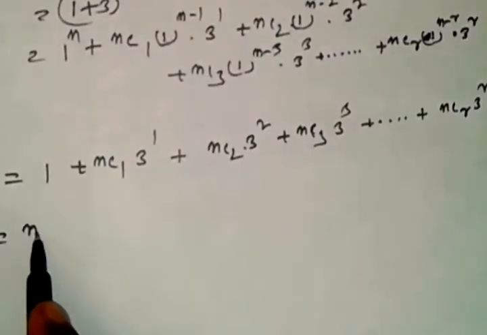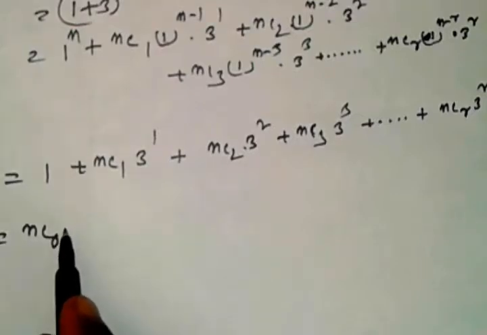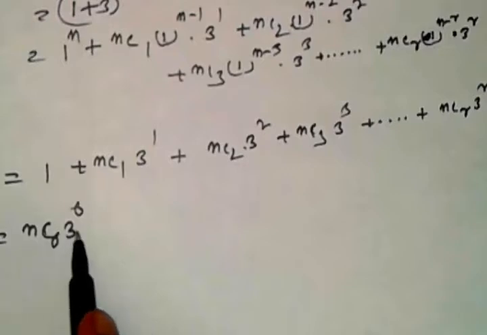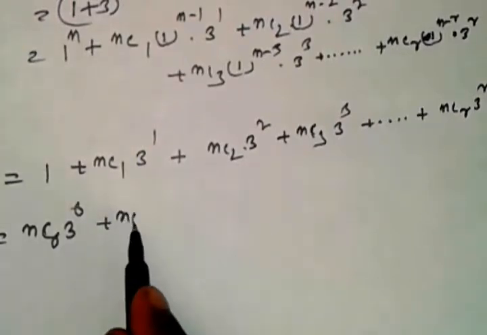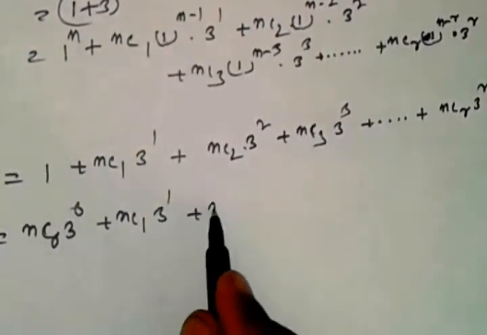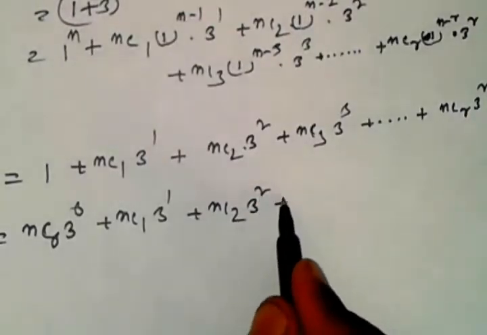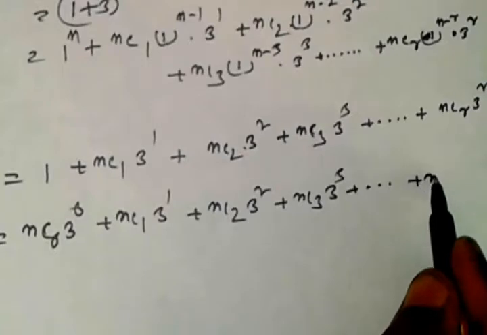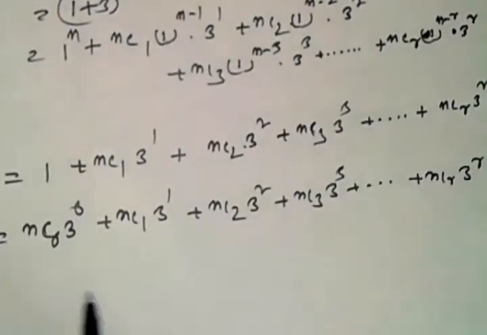We can write nC0 3 to the power 0, because nC0 is 1 and 3 to the power 0 is equal to 1. Then nC1 times 3, nC2 times 3 squared, nC3 times 3 cubed, up to nCr 3 to the power r.